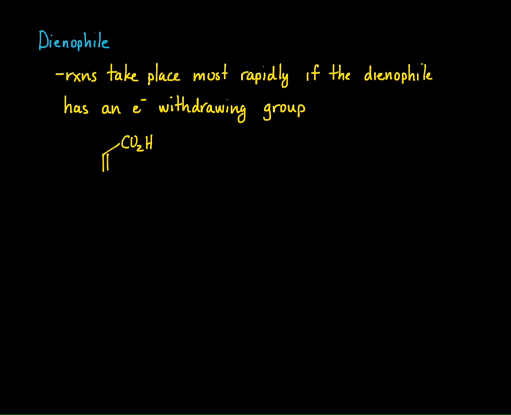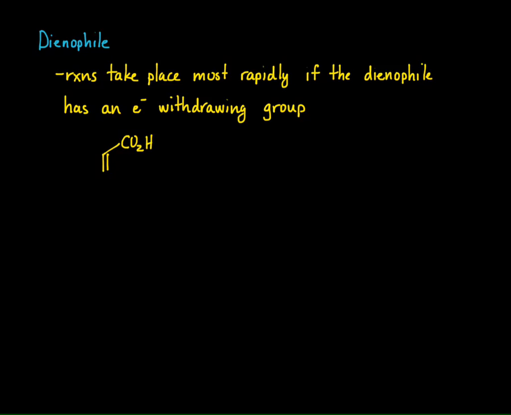For example, when we have anything that has a carbonyl attached to it, we know that carbonyls are very polar. The oxygen withdraws electron density away from the carbon, so the carbon takes on a partial positive charge, and so it's seeking out electrons.